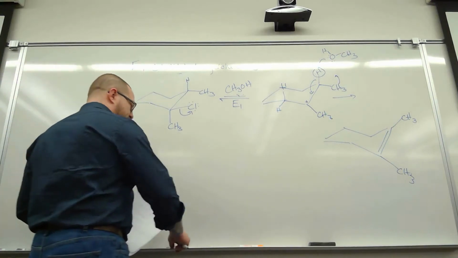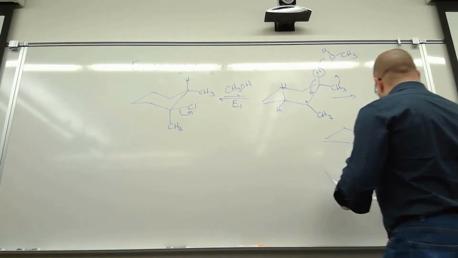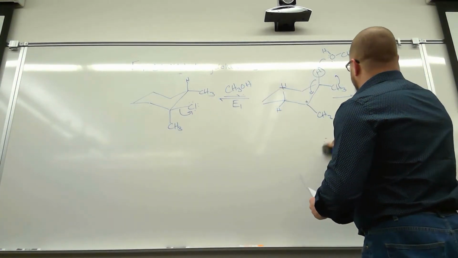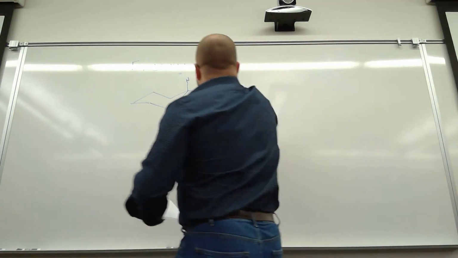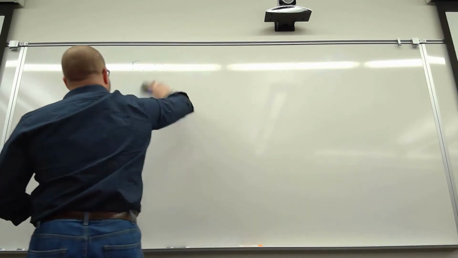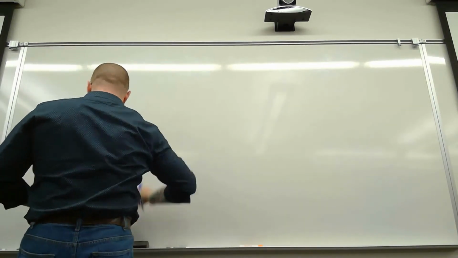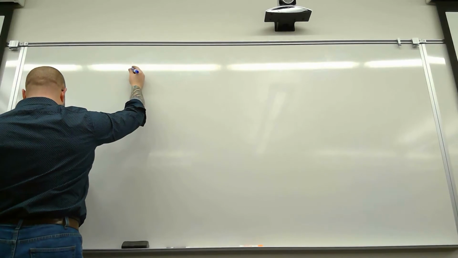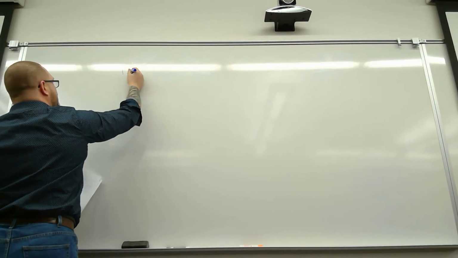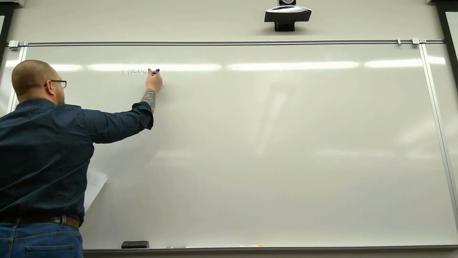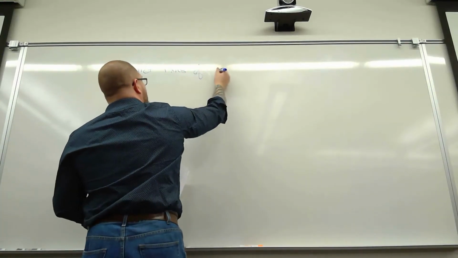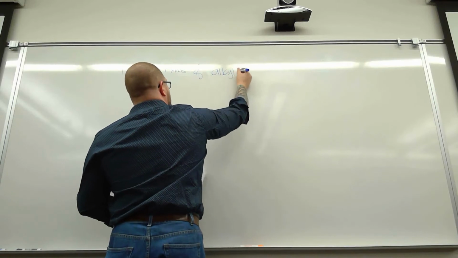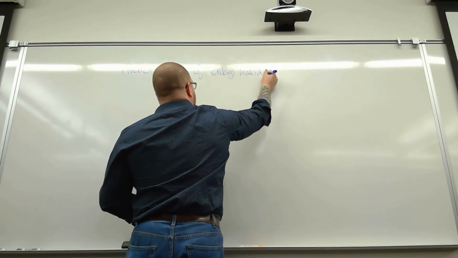Okay, so how do we start telling these things apart? We've got this scenario where we've got 4 different types of reactions that can occur with alkyl halides. So how do we predict reactions of alkyl halides?